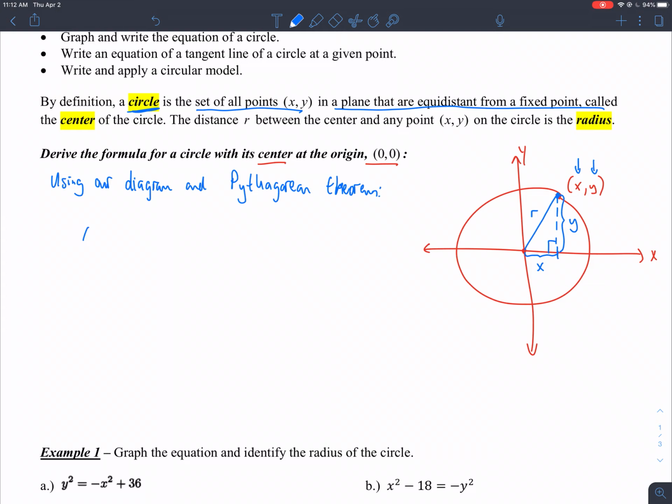Okay, x squared, which is one of the legs, this one, plus y squared, this leg, is equal to r squared. And since we just picked this point to be any point on the circle, you can say this is true for every point x, y on the circle.